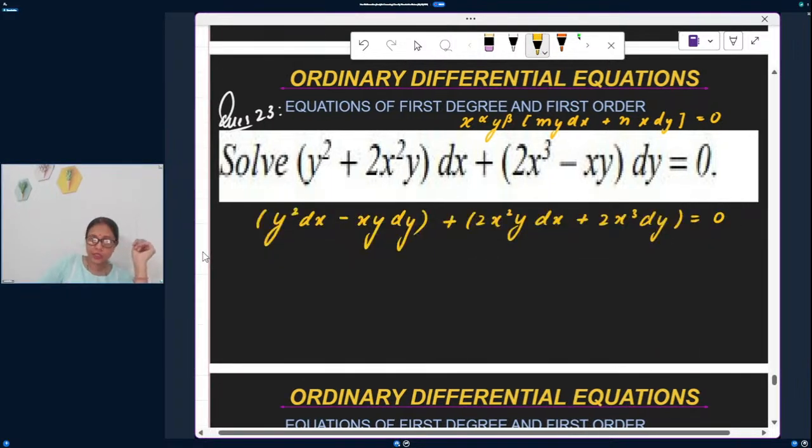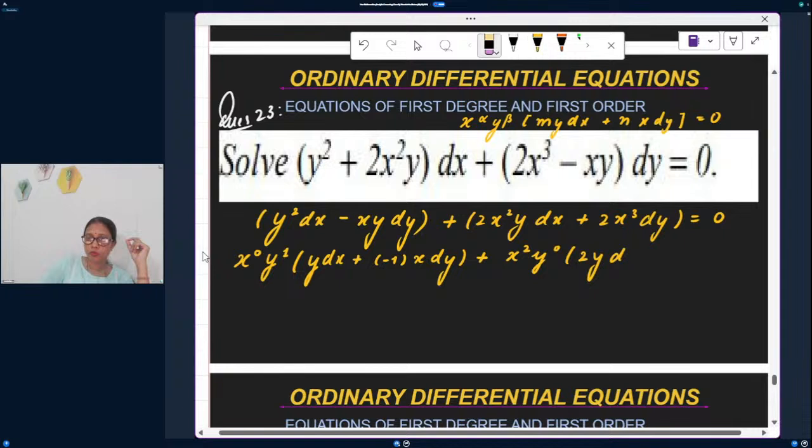Let's take common. x I cannot take common, so I'll write x raised to power 0. y I can take common, y raised to power 1. And I'm left with y dx plus minus 1 times x dy, plus x square y raised to power 0 and 2y dx plus x dy is equals to 0.